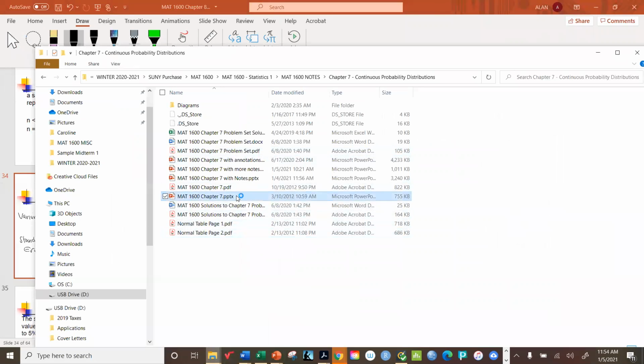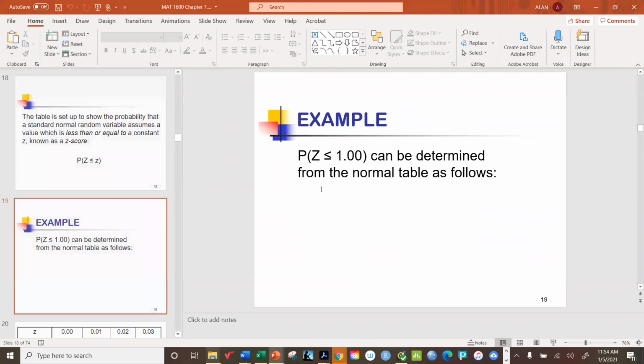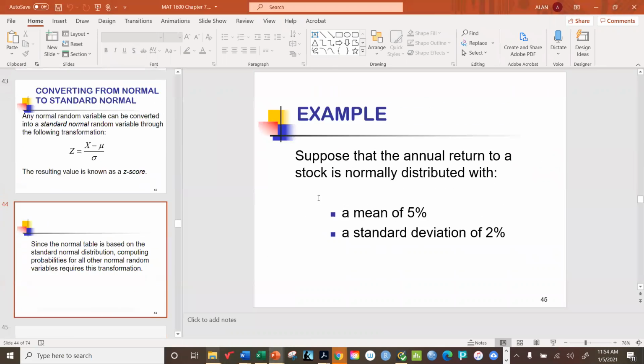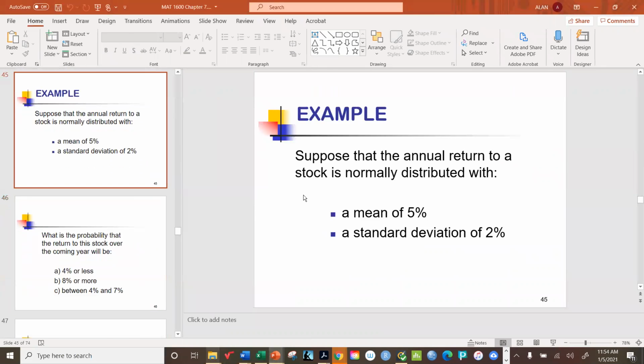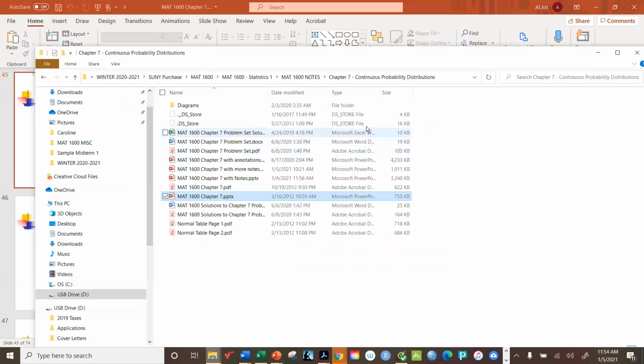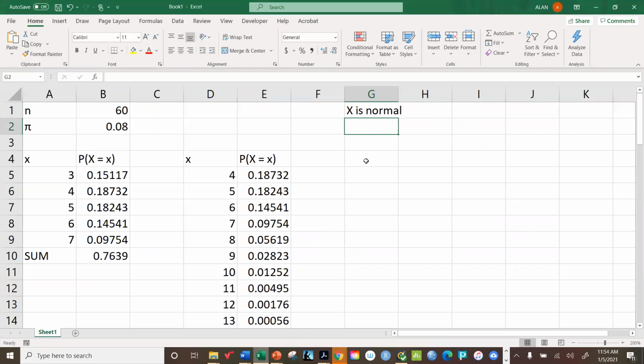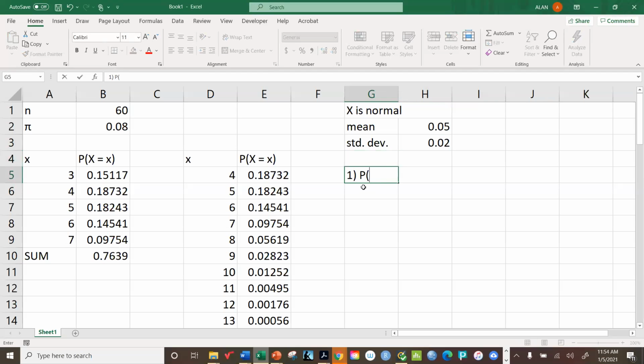Let's go get that back out again. With the stock returns, we had a mean of 5% and a standard deviation of 2%. So our first question is, what's the probability that X is less than or equal to 0.04?